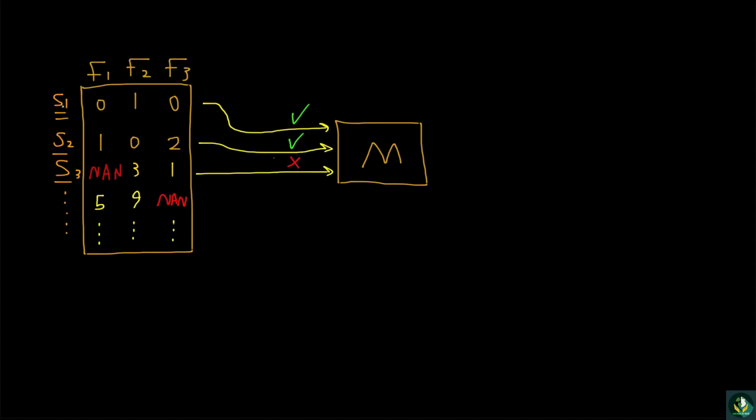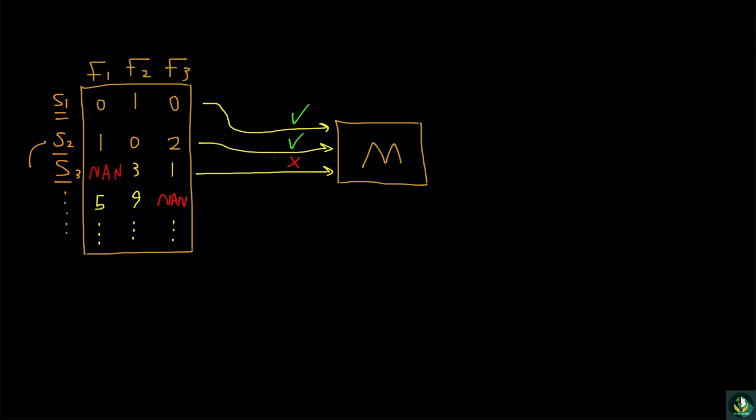Now let's say that we want to pass these samples through our model one by one. Let's firstly pass this sample. When we pass this sample through our model, it will accept it without any problem. Why? Because we don't have any missing values for the features of this sample.